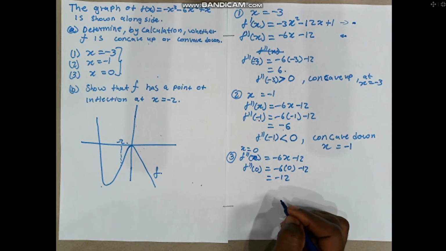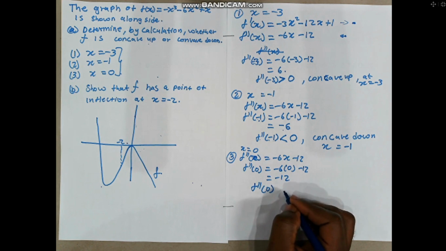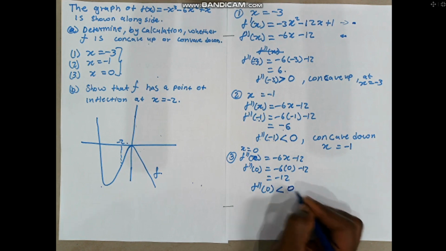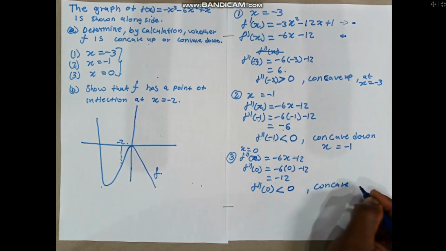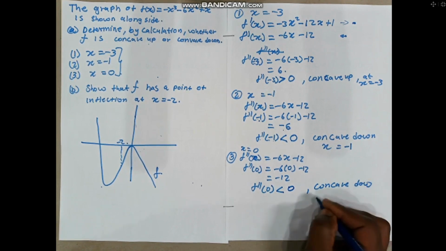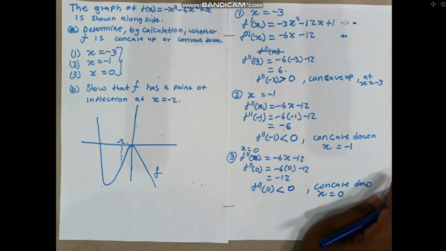This means the concavity where x is equal to 0 is negative, less than 0. What does this mean? It's concave down at x is equal to 0. I hope you see that one.